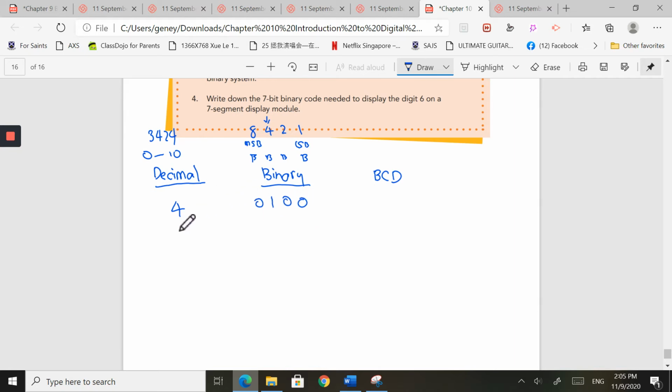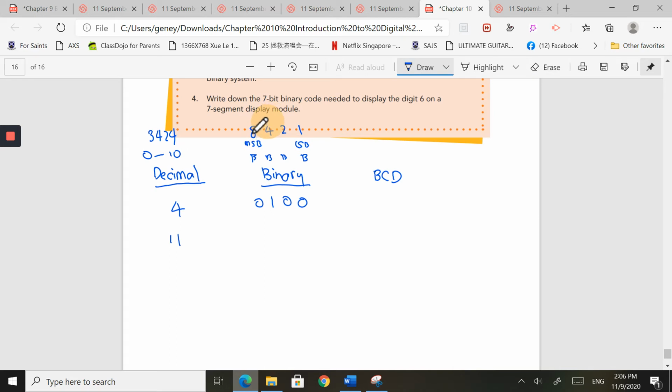Let's do one more example. Let's say I want 11, and I want you to work out the binary equivalent. I'm going to write it in 4 bits again.